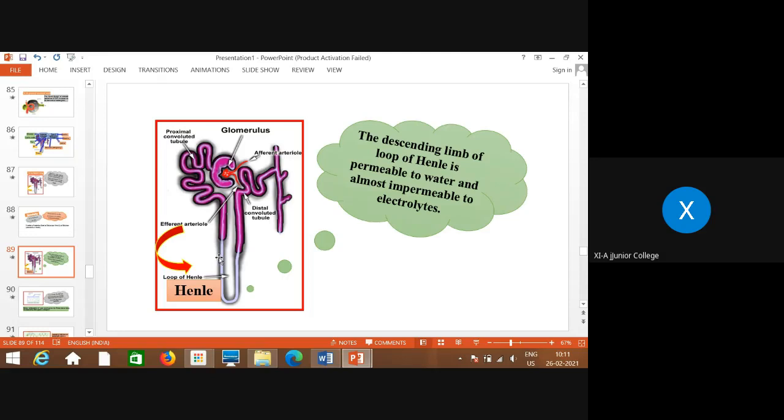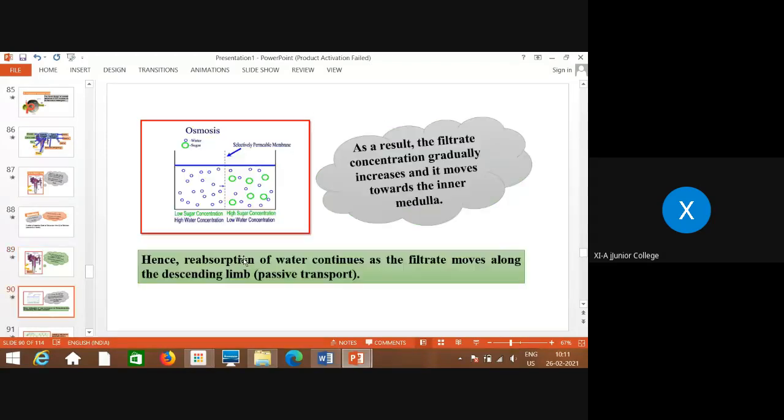Then as the maximum water is permeable, it is reabsorbed, and so this shows the urine in a more concentrated form. Then this descending limb, as I told you, is impermeable to electrolytes but permeable to water, but exactly the opposite for the ascending limb.